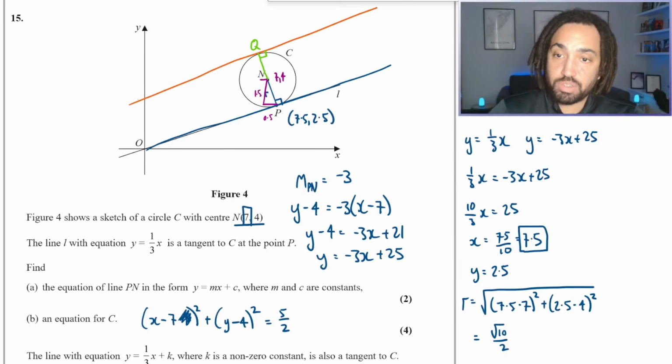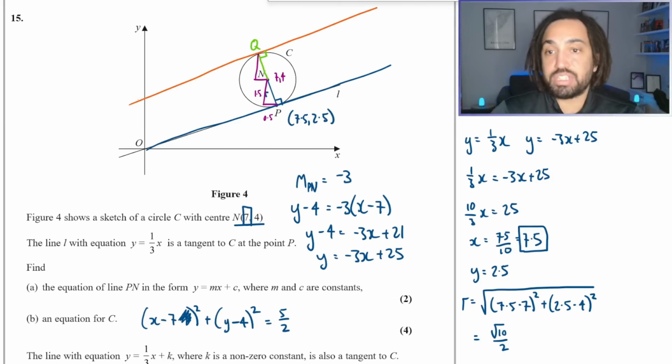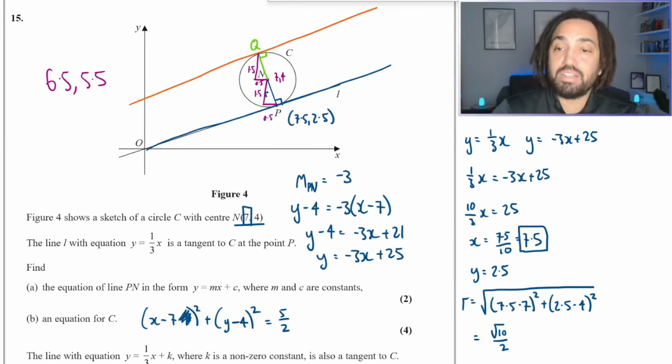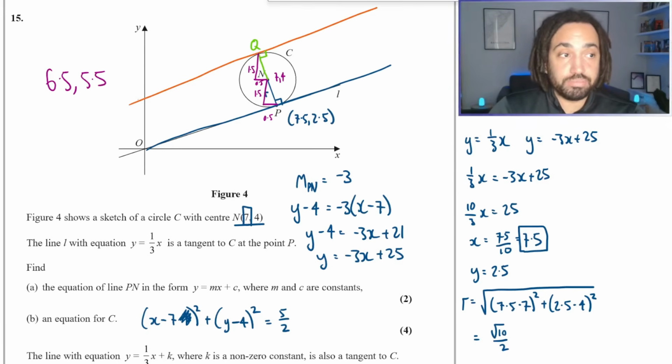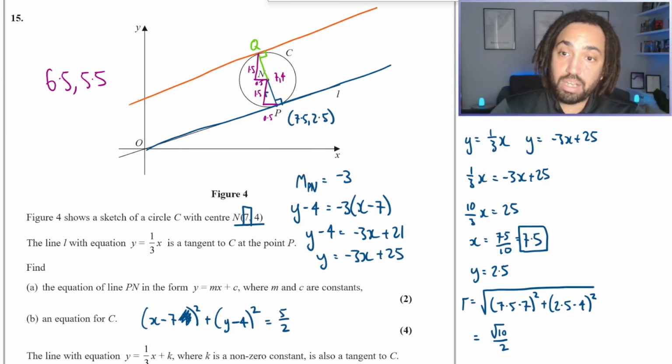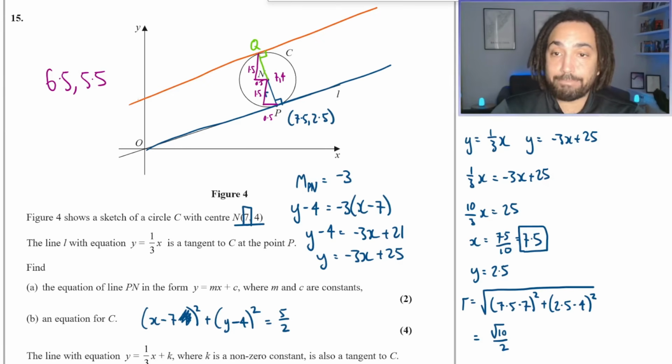So to get to Q, I've got to do exactly the same thing from the centre. I've got to take away 0.5 from 7, which gives me 6.5. And I've got to add on 1.5 to 4, which gives me 5.5. So those are the coordinates of Q. And we know that because Q and P are on the diameter.